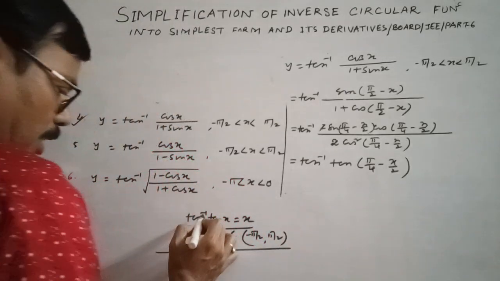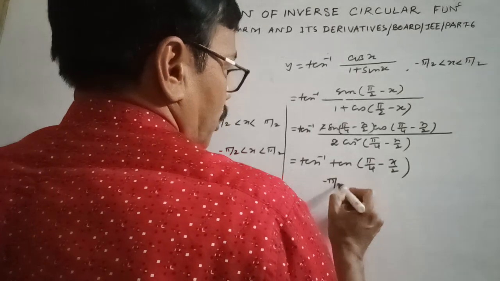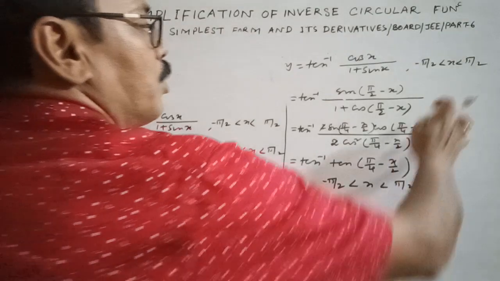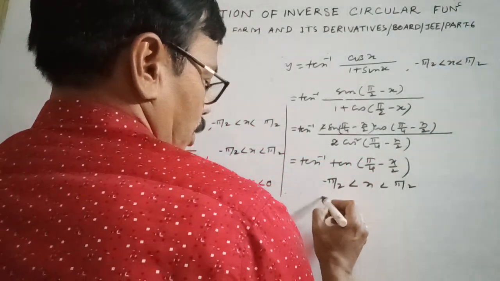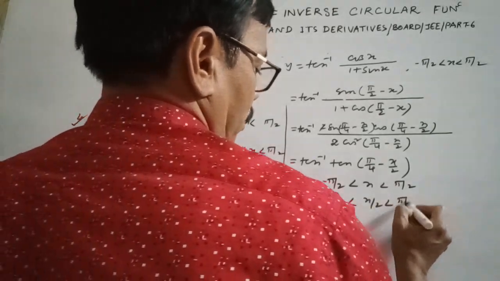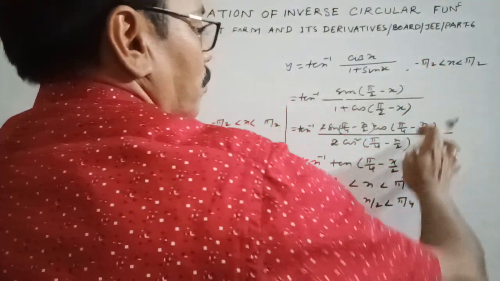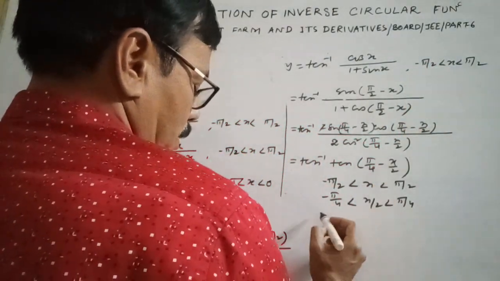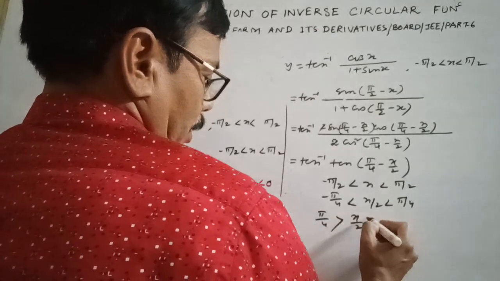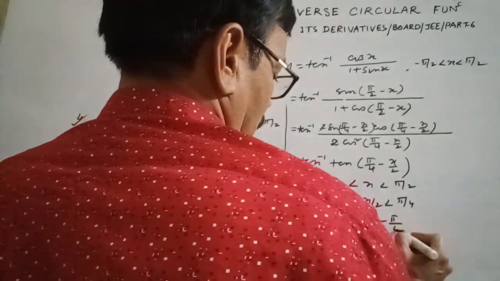So here the restriction is minus pi by 2 less than x less than pi by 2. Divide by 2 because the argument is x by 2. So minus pi by 4 less than x by 2 less than pi by 4. Now this is minus x by 2, so multiply it by minus.